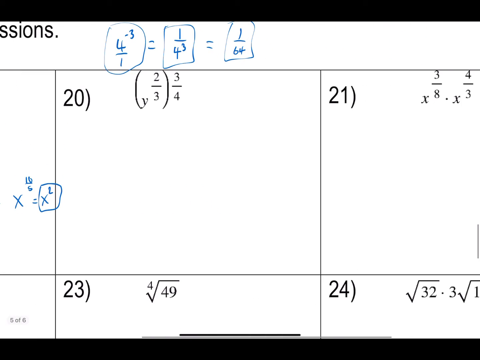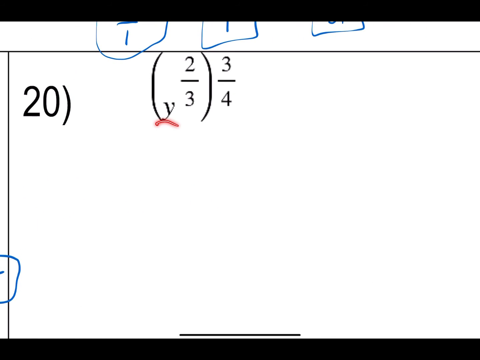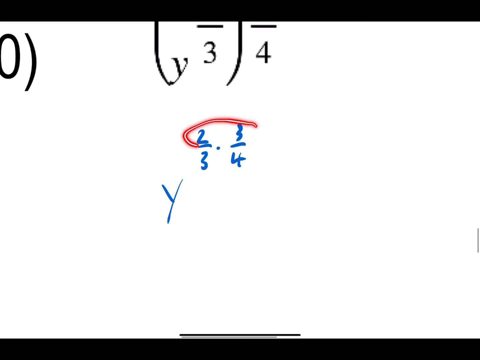Number 20. We don't have 2 bases. It's a power raised to a power, which tells us we should multiply these exponents. So y to the 2/3 times 3/4. We need to just recall how to multiply fractions, which is numerator times numerator, denominator times denominator, which will look like y to the 2 times 3 over 3 times 4.